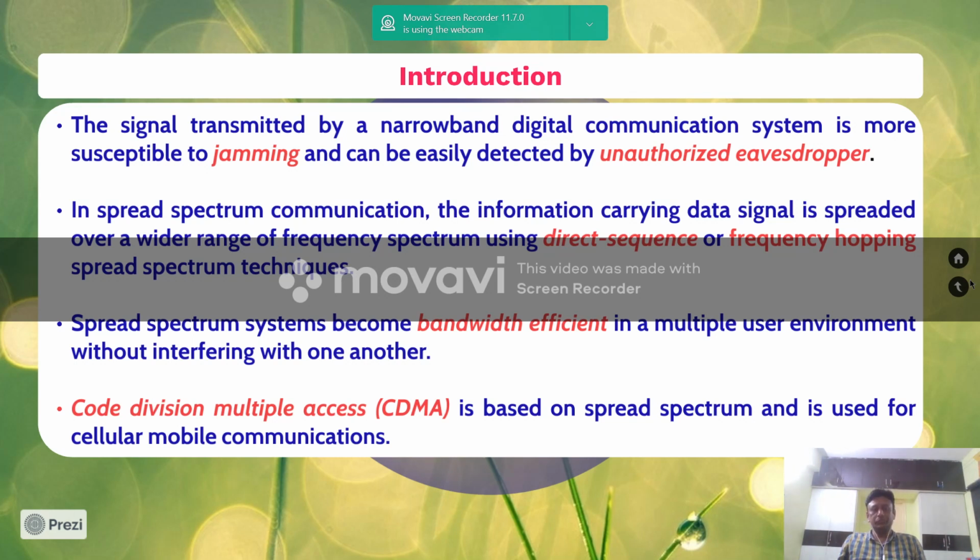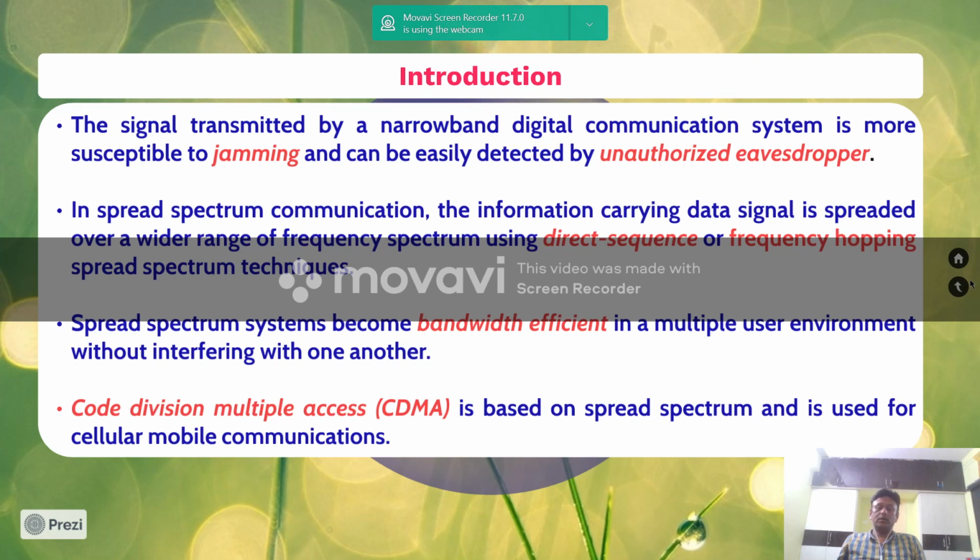But when we use the spread spectrum communication technique, the information is spread over a wide range of frequency spectrum, using techniques known as direct sequence spread spectrum and frequency hopping spread spectrum, DSSS, FHSS.